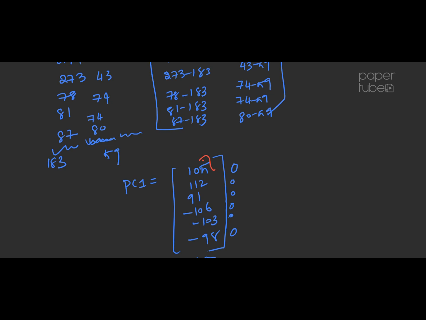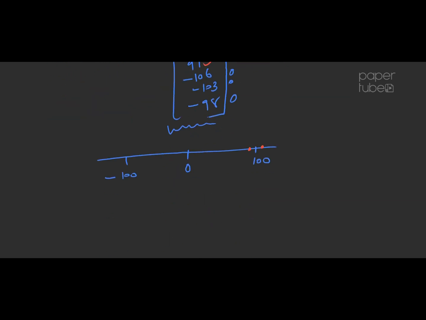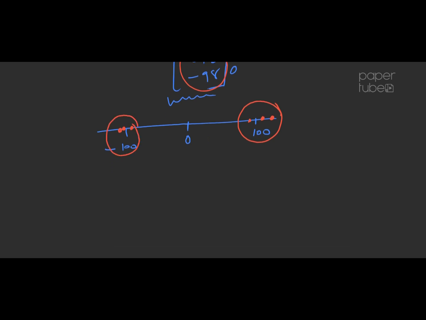I'm going to plot the first 3. So you get 95 here, 105 here, 112 somewhere around here. So that makes one category. And then you plot the other one. So minus 106 somewhere here, minus 103 here, minus 98 somewhere around here. So that makes category 2. So again, obviously, you have 2 categories.